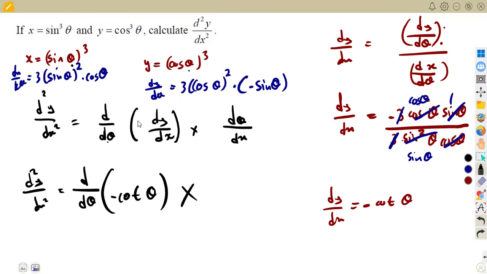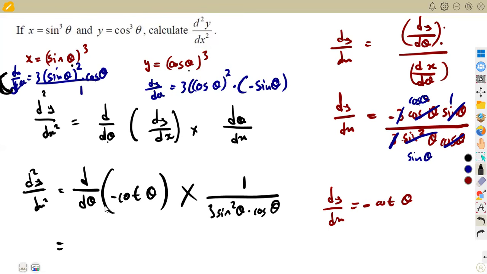What we obtained before was dx/dθ, and the moment we are talking about dθ/dx, an interchange happens, so you have to interchange your fraction. So it's going to be 1 over what you had for dx/dθ, which is 3 sine squared theta cos theta, like that.